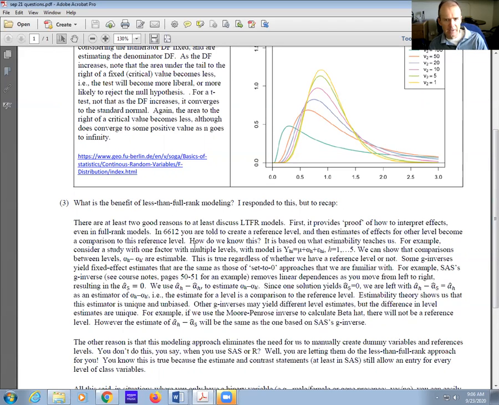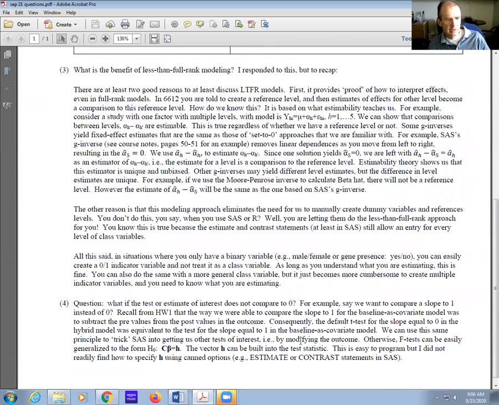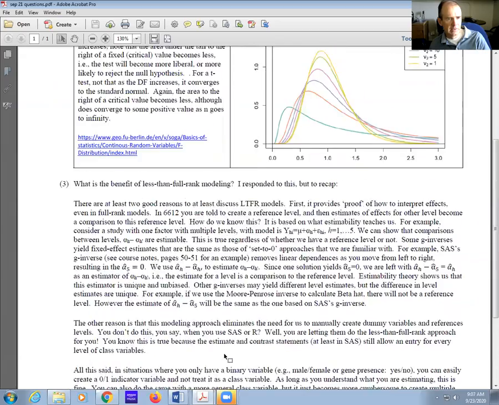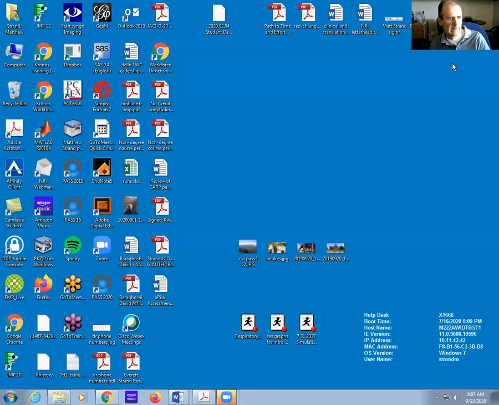I talked about it last time, but I put together a paragraph or 2, perhaps clearer than what I said, along the same lines. Then there was a good question about what to do in a test if you don't want to compare to 0 but to something else. You can see what I said about that. This is posted on Canvas, and I'm going to close out of that.